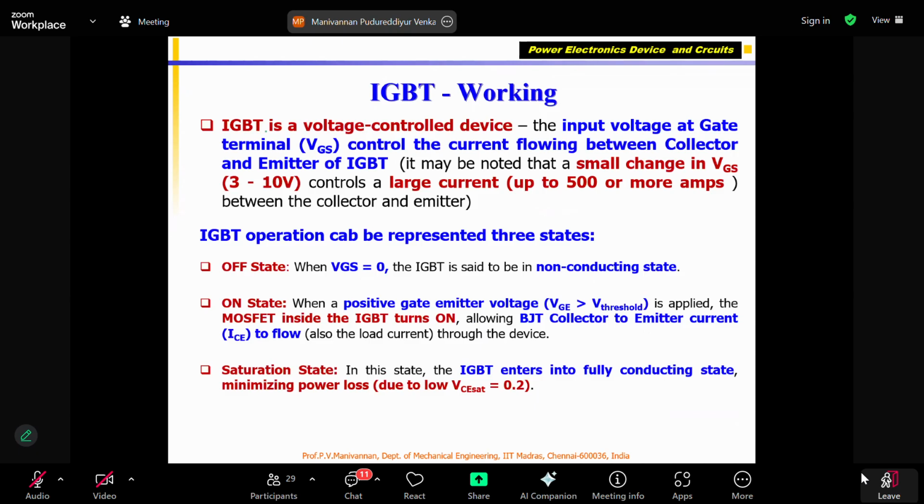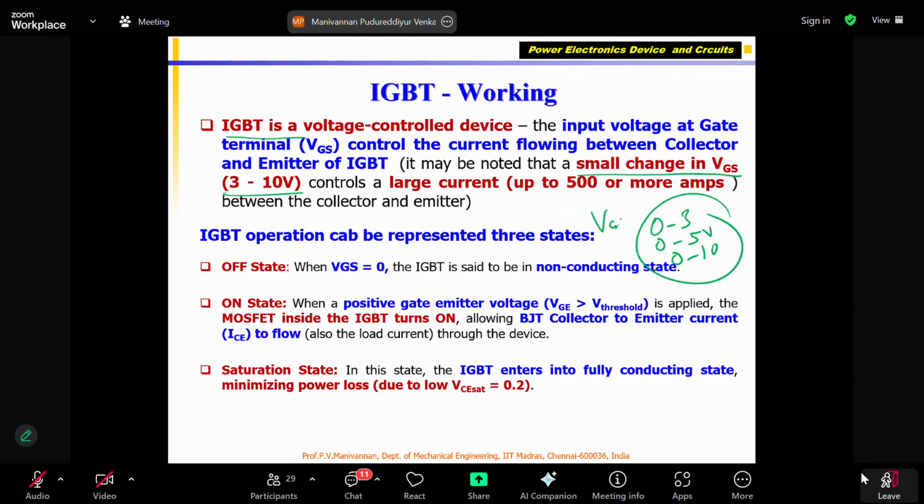Now, how does the IGBT work? IGBT is a voltage controller. I have talked about this many times. Basically, a small change in VGE, the gate to emitter control voltage. If you see the data sheet, they say 0 to 3 volts, 0 to 5 volts, 0 to 10 volts. This will be the voltage, not 0 to 100 or 200.